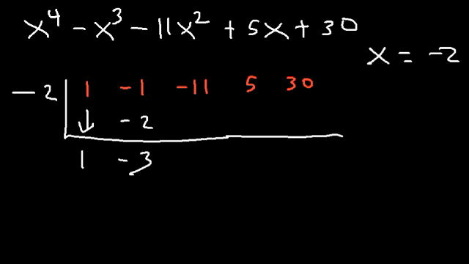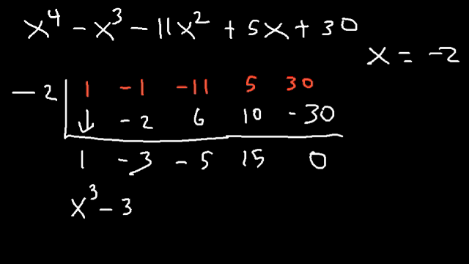And then negative 2 times negative 3 is 6. Negative 11 plus 6 is negative 5. Negative 2 times negative 5, that's 10. And if we add these two, we get 15. Times negative 2 is negative 30. And this adds to 0. So this is x cubed minus 3x squared minus 5x plus 15.